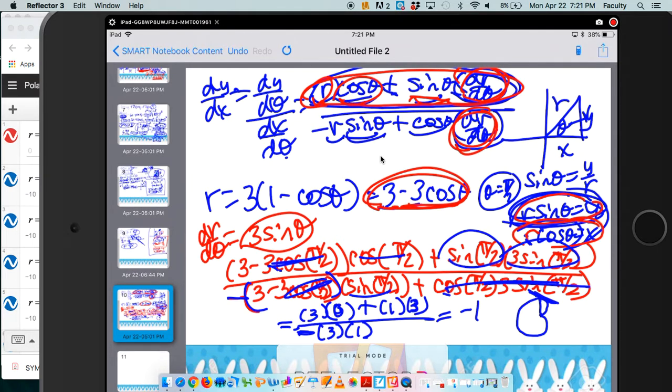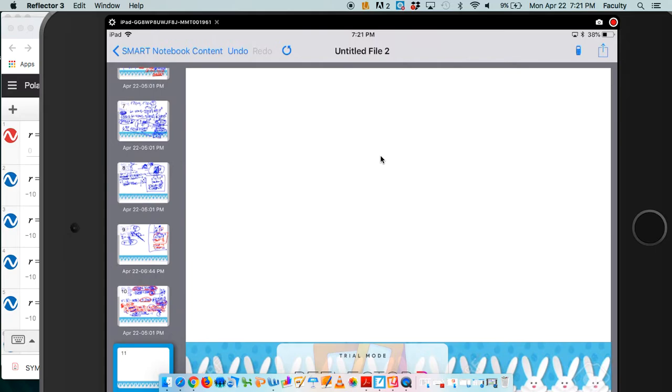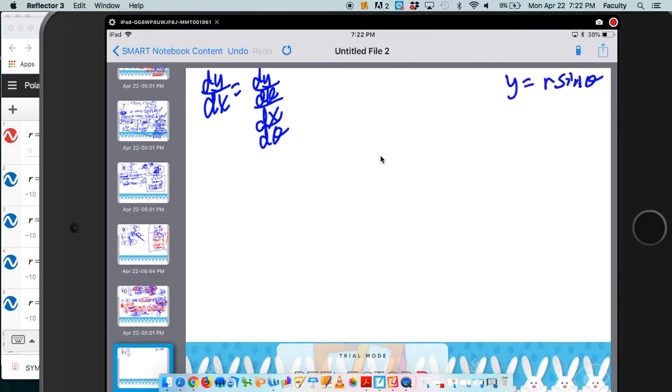All right, let's go, if we can, to number 9. So to derive it again, dy dx is dy d theta over dx d theta using this. y is r sine theta, x is r cosine theta.